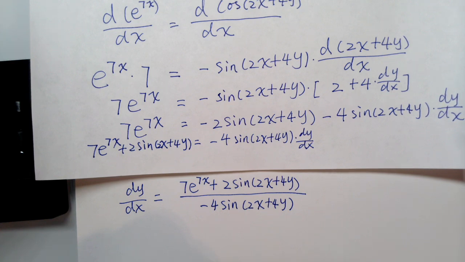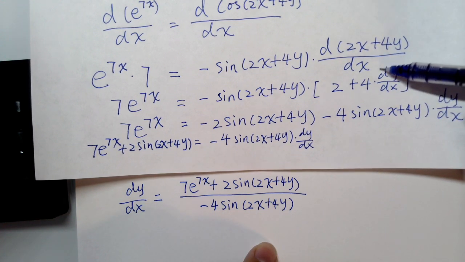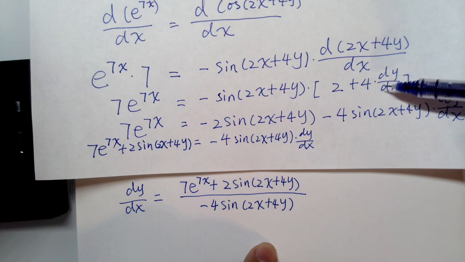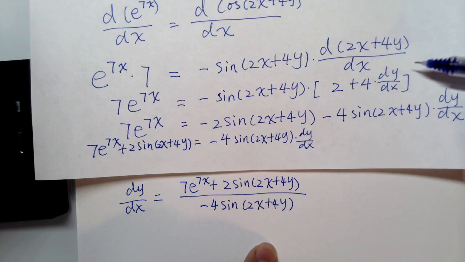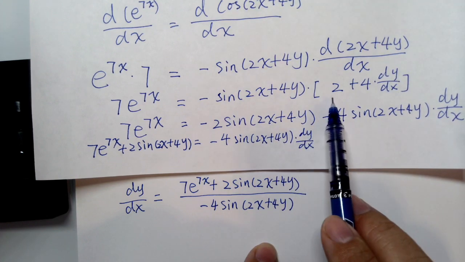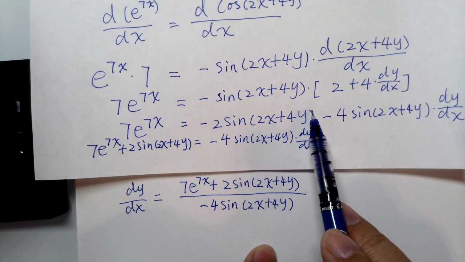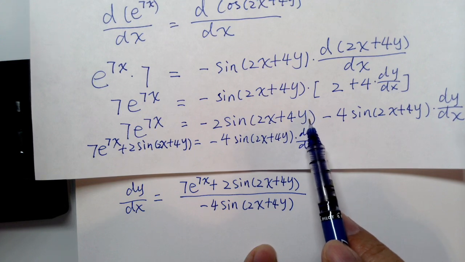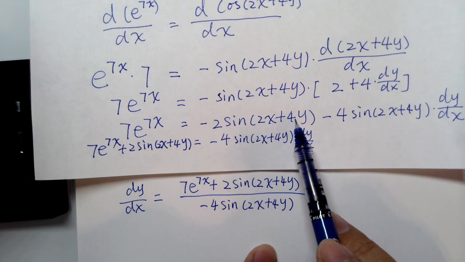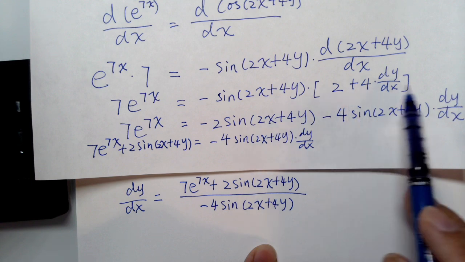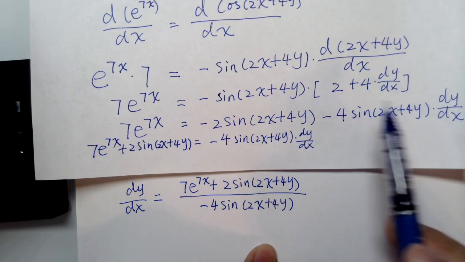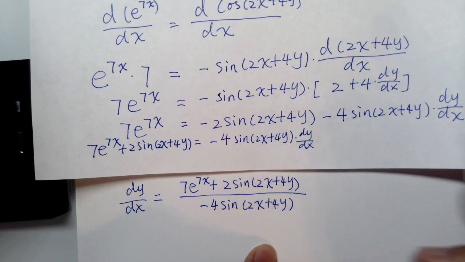Because what we want to do is figure out what dy/dx is, so we need to find the corresponding term with dy/dx. That's why we distributed, because when this 2 multiplies this term, no dy/dx gets involved. So we need to isolate the term with dy/dx, and that's why you need to do the distribution.